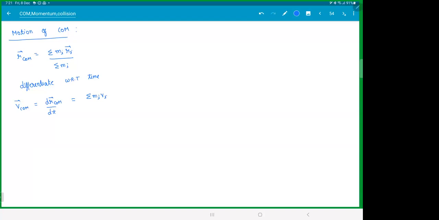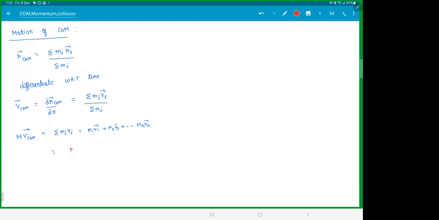This will become sigma mi vi by sigma mi. Sigma mi is nothing but the total mass. If you bring it to the left hand side, this will become M vcom is sigma mi vi. That's nothing but m1 v1 bar, m2 v2 bar, and so on till mn vn bar.